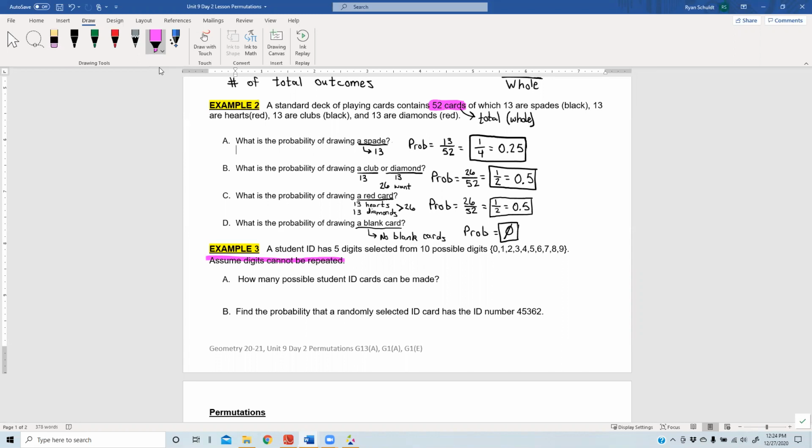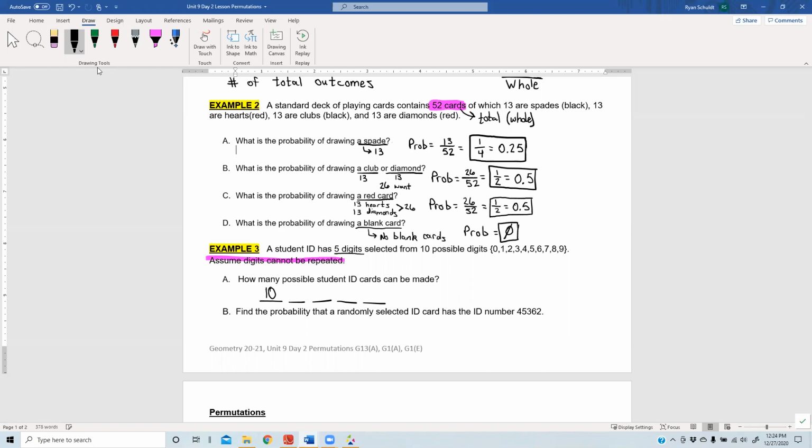So this is kind of like what we did yesterday, where I said you couldn't repeat something, so we had to count down. Well, how many digits are in a single number? A single ID number has 5 digits. Let's make 5 blanks. Okay, there's my 5 blanks. For the first digit, have I used any yet? No, so I can have all 10. So let's say a 2 is your first digit.